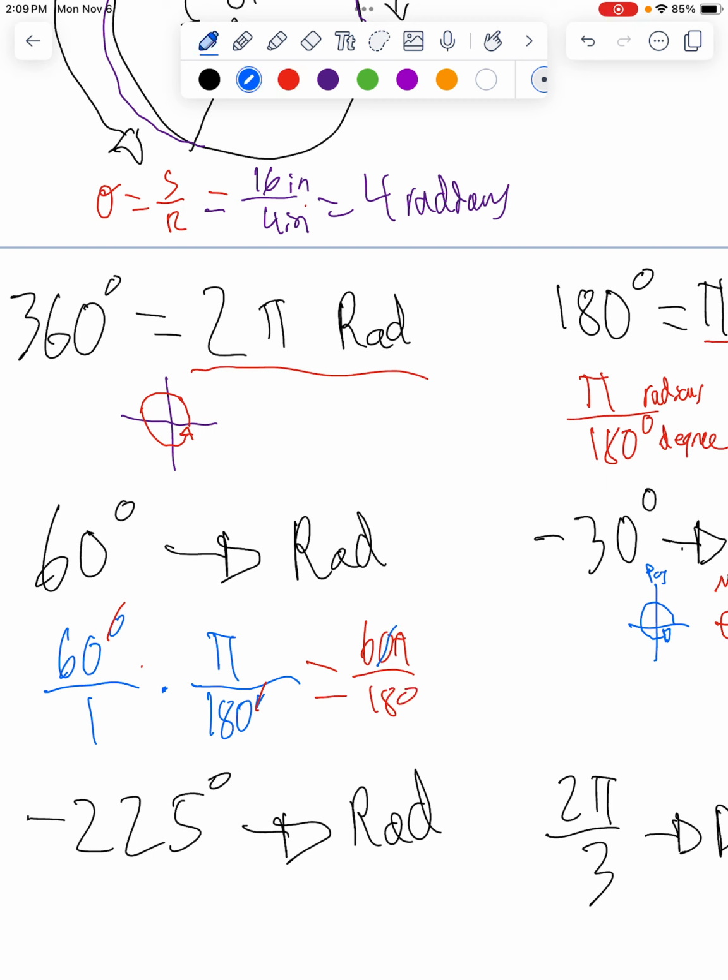I know these zeros are going to cancel out, so I really have 6 pi over 18, and that can be simplified, divided by 6, to be 1 pi over 3, or pi over 3. So this answer is pi over 3 radians.